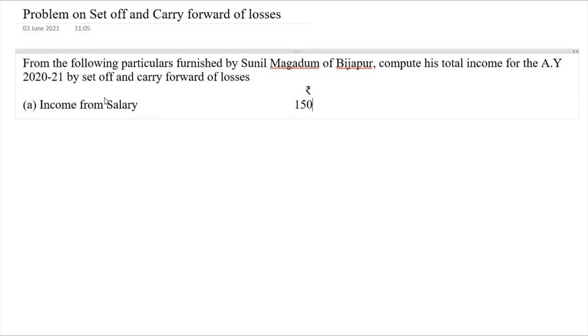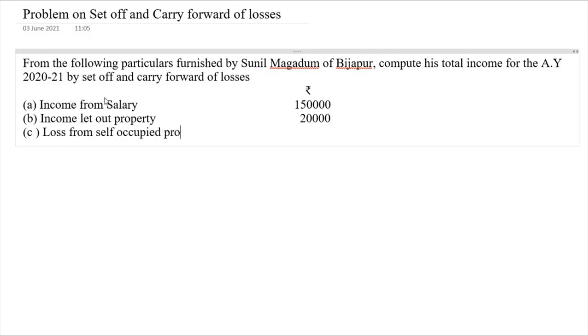So it is 1,50,000. B, income from let out property, rupees 20,000. Then C, loss from self-occupied property, rupees 1 lakh.